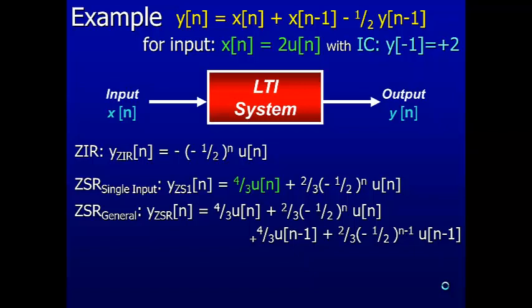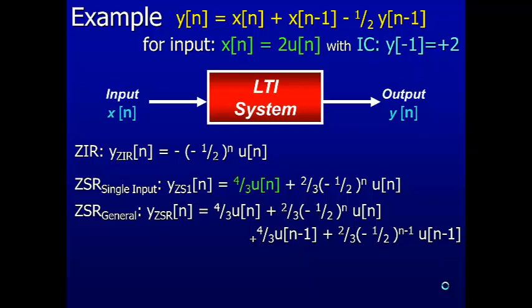This term says take the response and delay it by 1. There's the same thing. Everywhere there is n, I replace it with n minus 1. Don't forget the exponent. That's the zero state response of the general equation derived by linearity.